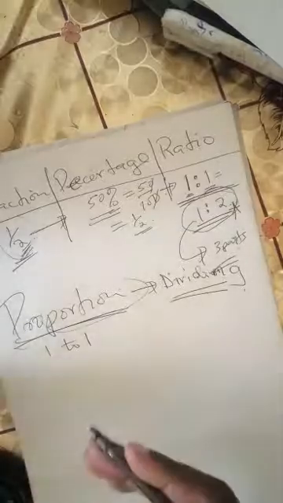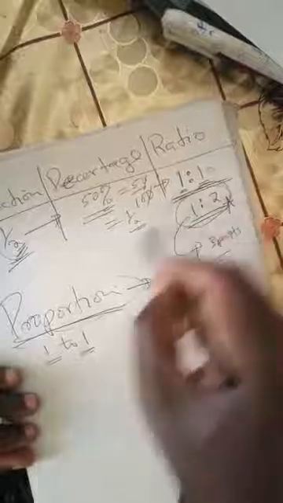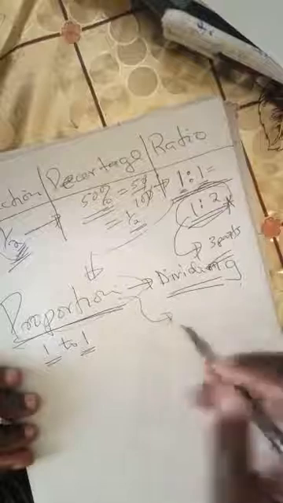Okay, so proportion comes with the word portion. In a ratio like this, you divided the whole, but more or less this is normally used to depict the way things vary.